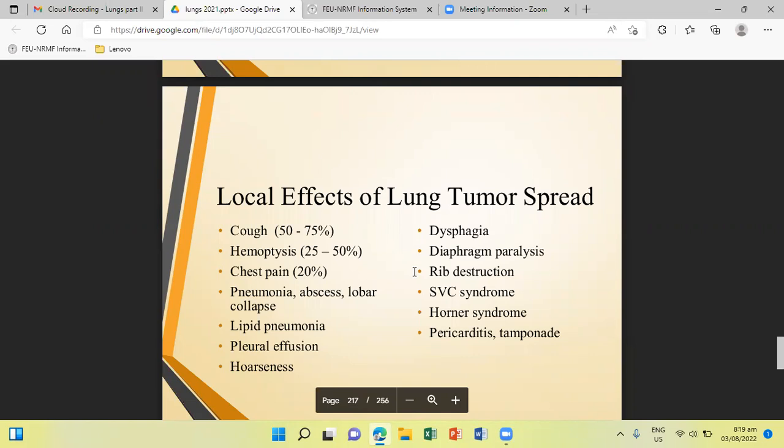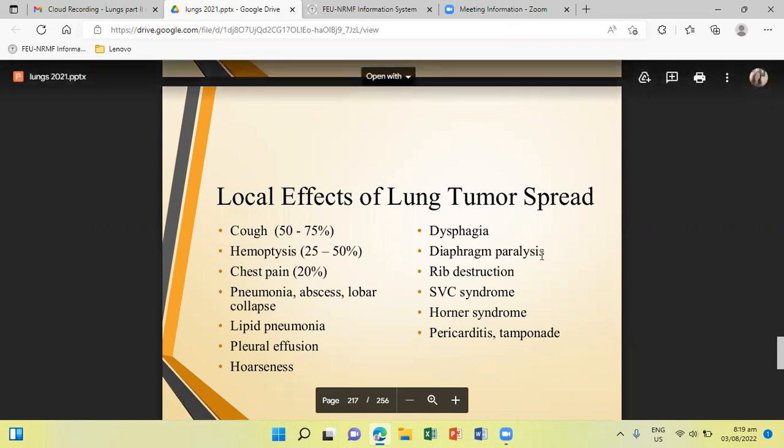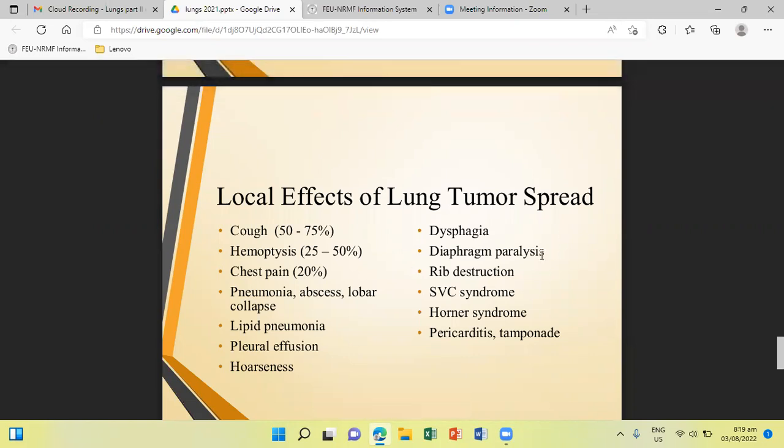It may connote invasion of adjacent structures like mediastinum, pleura, or chest wall. Diaphragm paralysis indicates phrenic nerve involvement. Horner syndrome indicates sympathetic ganglia invasion. It may also be chest wall invasion of your ribs.